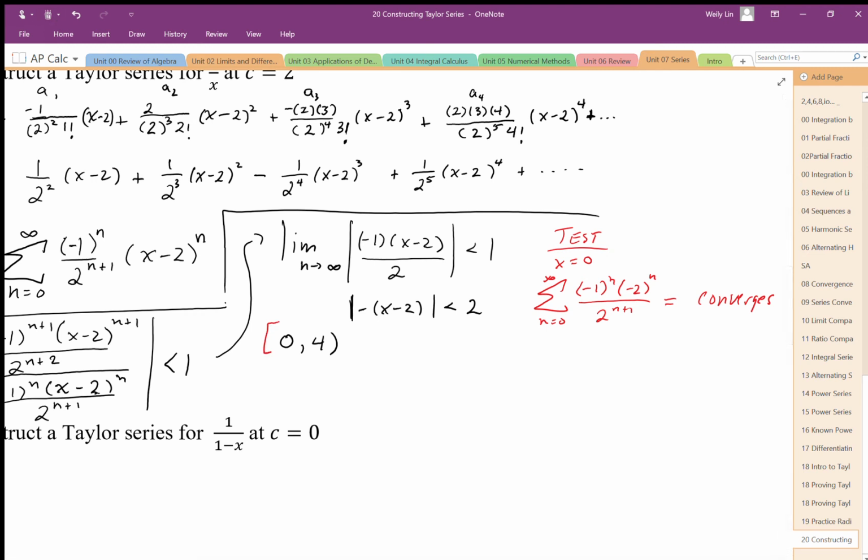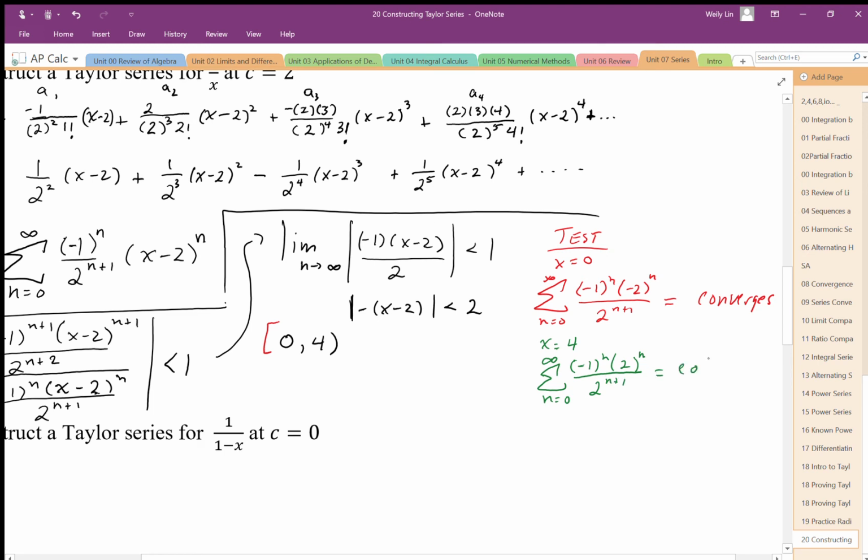Okay, so then we can change that endpoint to equal to. Then we'll test the other endpoint here, x equals 4. Okay, and n equals 0 to infinity again, negative 1 to the n, it becomes 2 to the n. So this is alternating, but again, it doesn't really matter that it alternates because this is a geometric series because we have an exponent in the denominator.